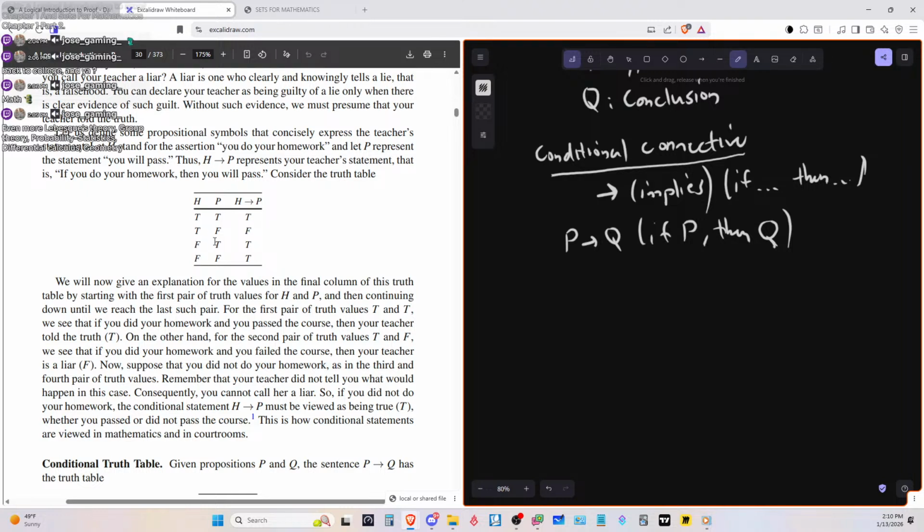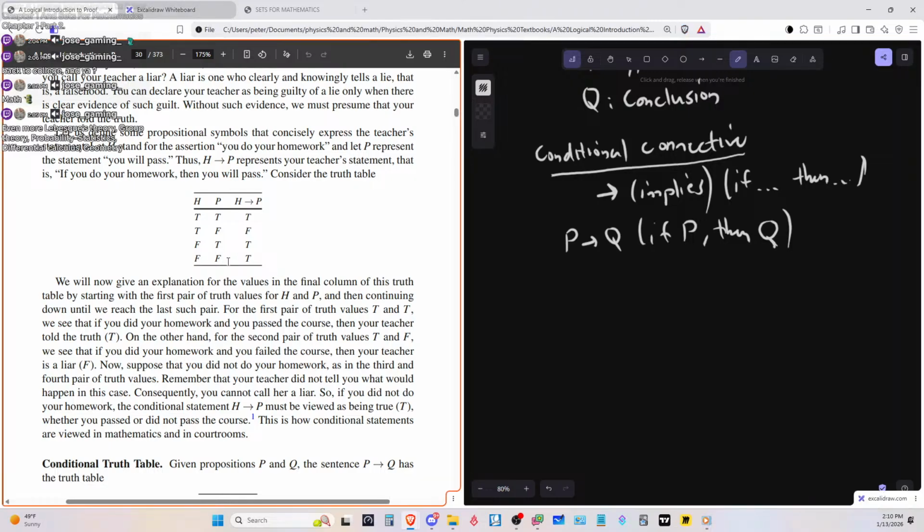This is false. Oh, okay, that's interesting. So if it's implied, then if it's false, it implies that it's false, thereby it's true.